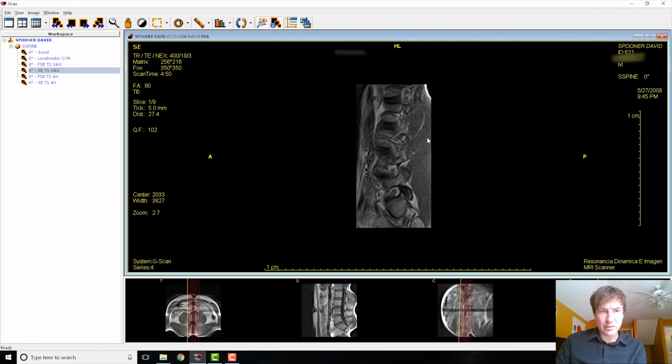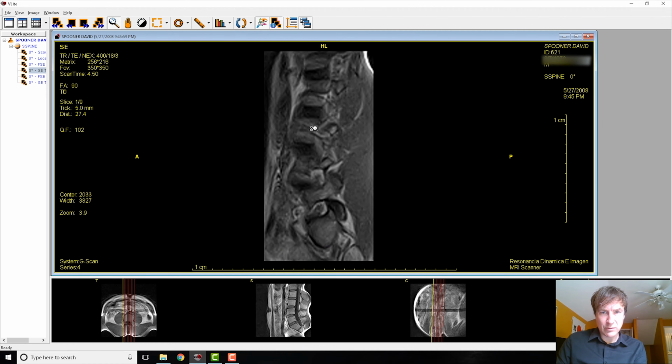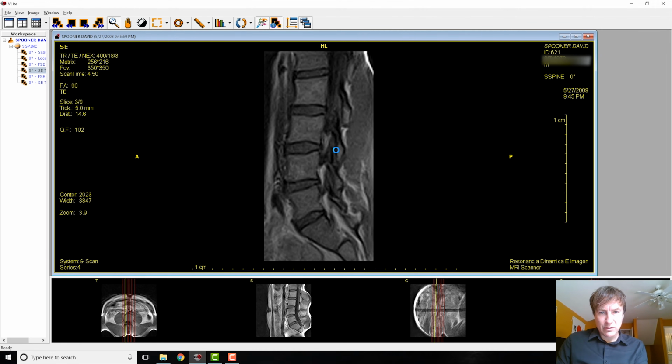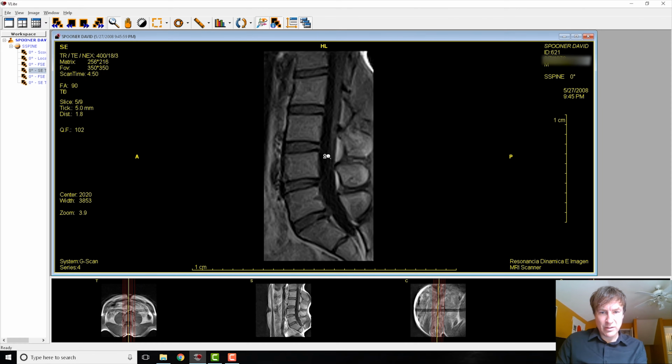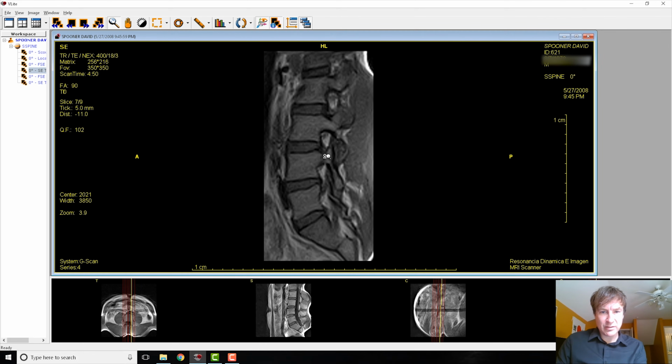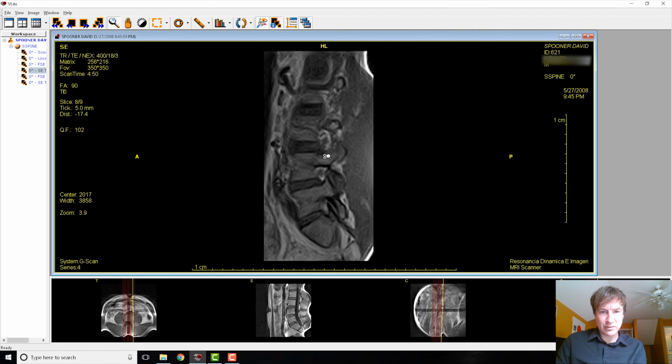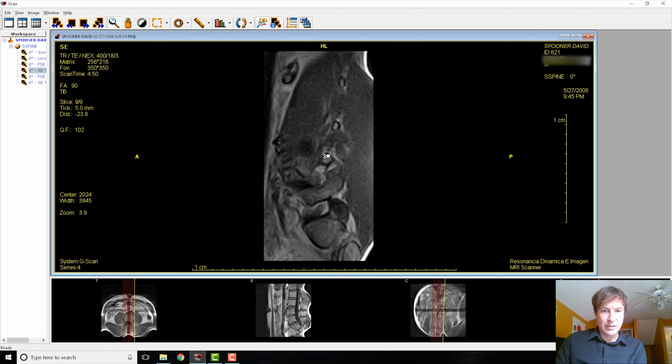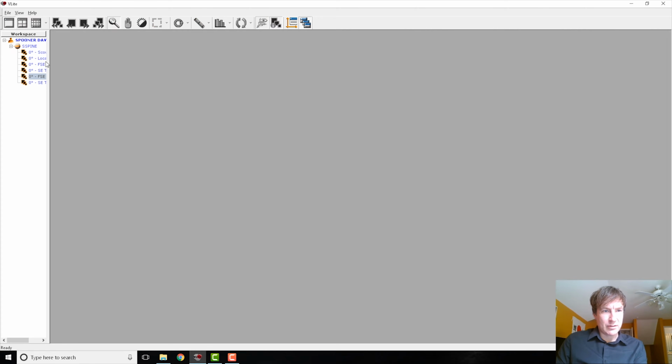Close that. Maybe that'll help. These are really bad images. I believe I had contrast done on the first two images. This one in 2008 and the next one in 2014.